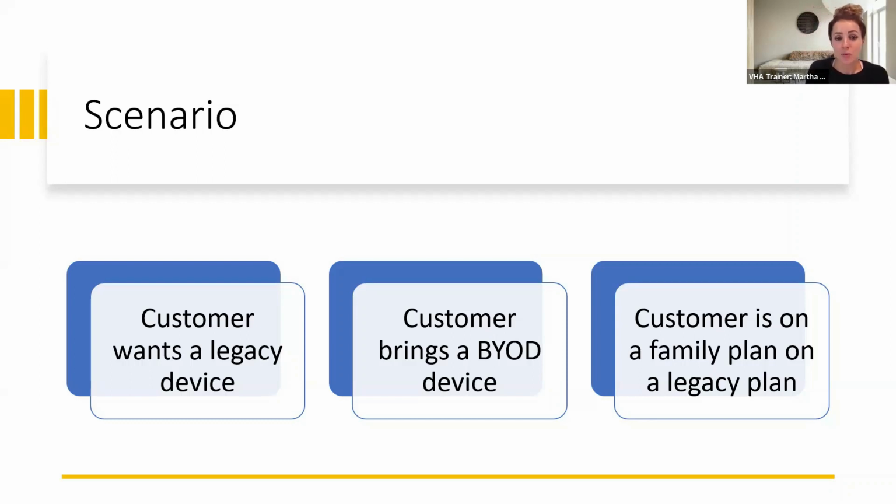Let's say a customer brings a BYOD device. Depending on what that device is, I can check the hot sheet to see, okay, is this a legacy device or is this a GSF device? Is this a device that can be activated on both? In which case, I'm going to ask the customer what their preference is.